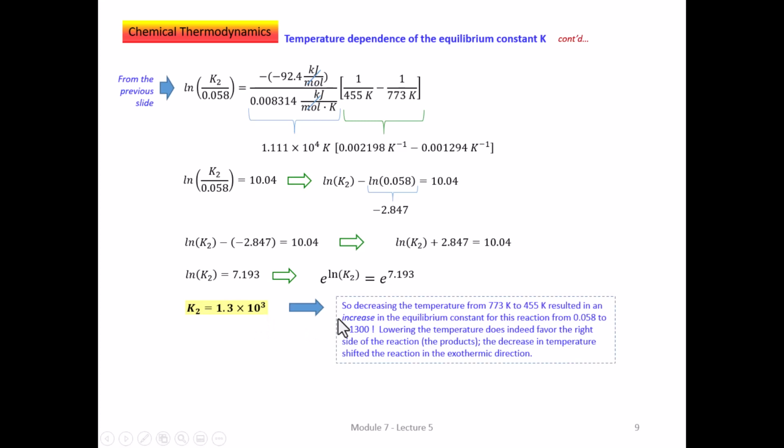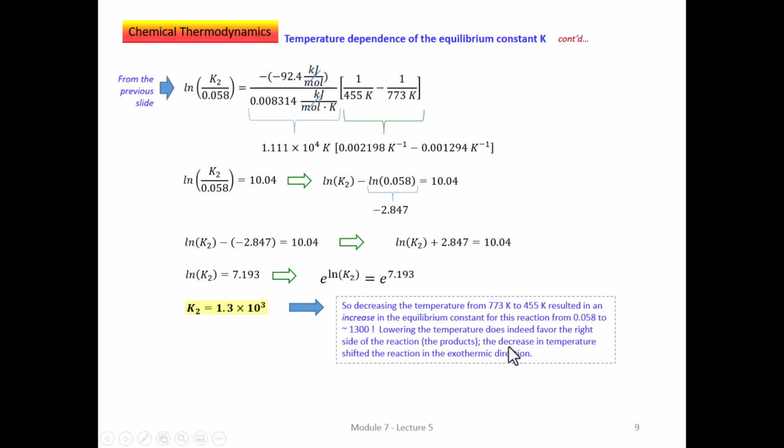So remember, the equilibrium constant at the higher temperature was 0.058. We lower the temperature and the equilibrium constant goes up to around 1300. So decreasing the temperature from 773 K to 455 resulted in an increase in the equilibrium constant for this reaction from 0.058 to around 1300.